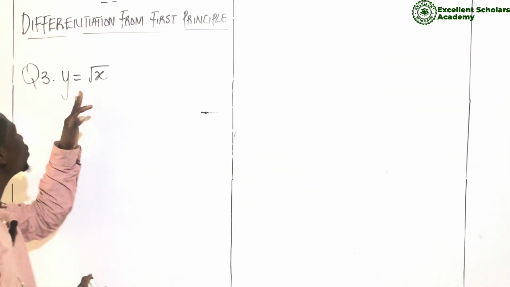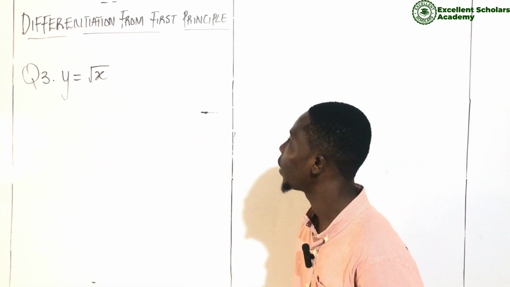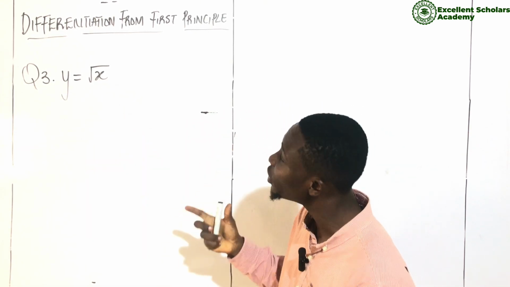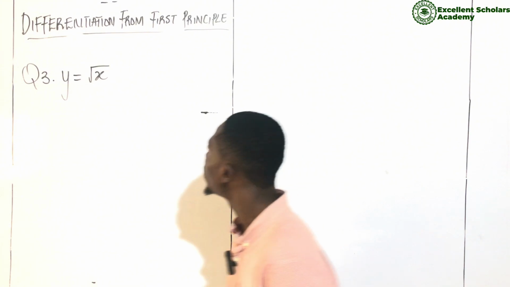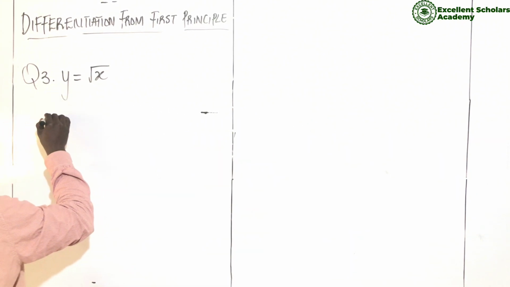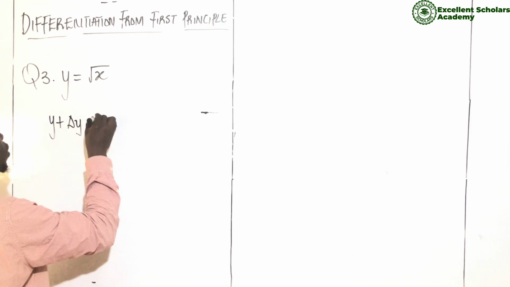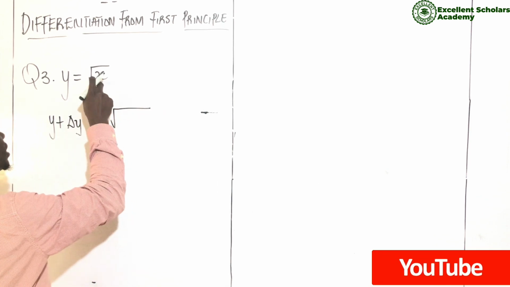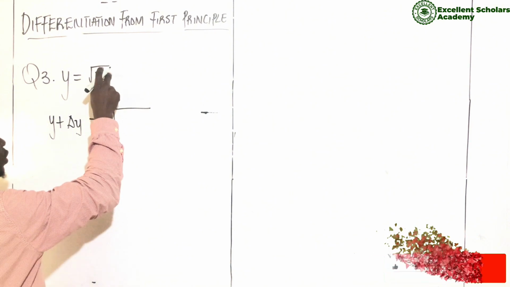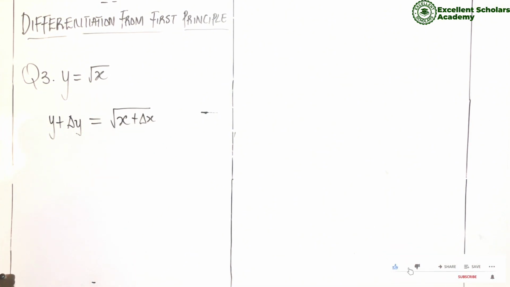Now, we'll be solving this question next. y equals root x, and we want to find the derivative, or differentiate it, from first principle. Now, like what I did previously, it becomes y plus small increment in y equals the function of this, so it becomes root of x plus small increment in x.